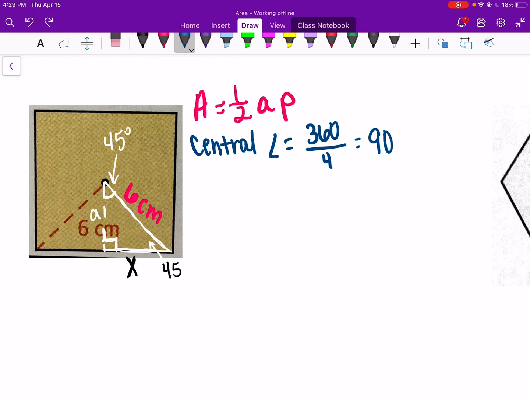So if we solve for x, we can use either sine or cosine, because it doesn't matter which angle we use. I'm going to go ahead and use sine. You'll get the same answer either way. If we use sine of 45 degrees, we will have opposite over hypotenuse.